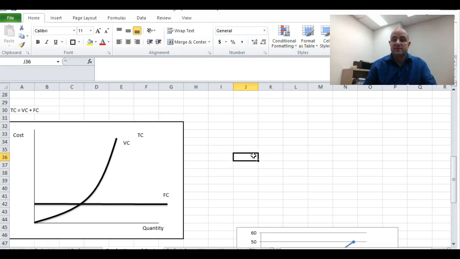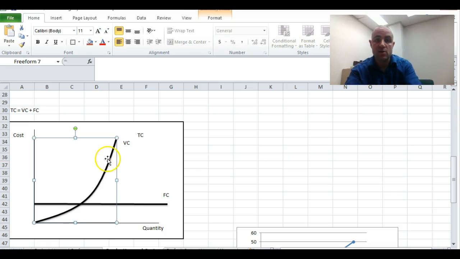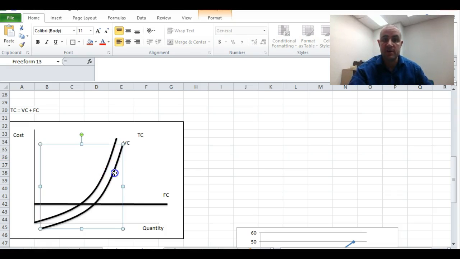Now, your total cost is the sum of your variable cost and your fixed cost. So at any level of output, that total cost is going to be whatever the variable cost is plus the fixed. It's going to be parallel with the variable cost.